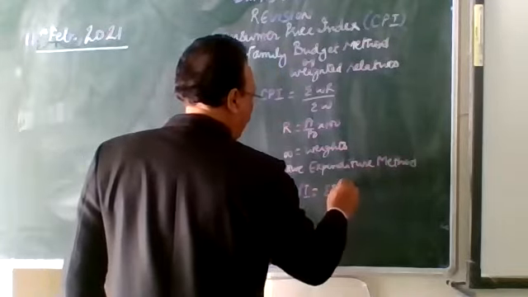Sigma P1 Q0 upon sigma P0 Q0 into 100. This is nothing else but Laspeyres' method.